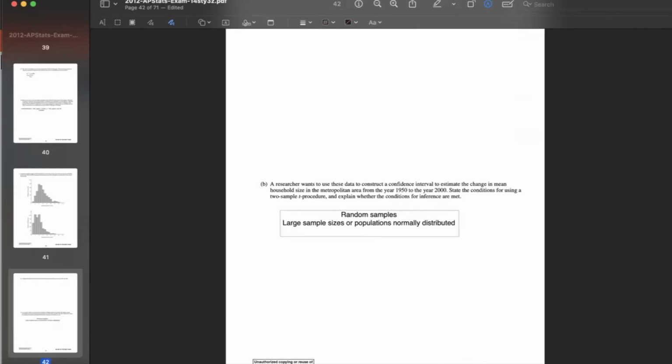All right, 10% rule. So sample sizes are less than or equal to 0.1 times the population sizes. And then independent samples.